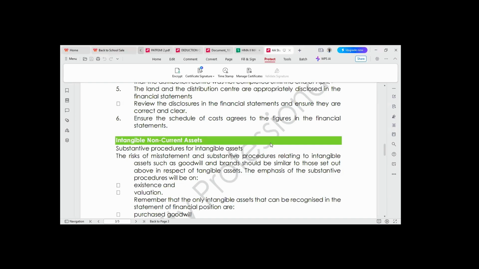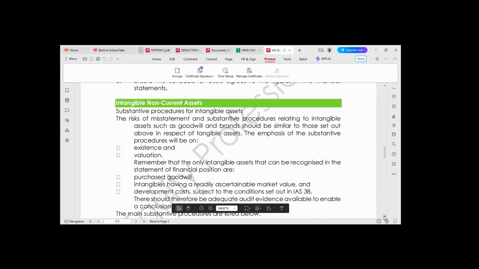And remember that only certain intangible assets can be recognized in the statement of financial position. You can have purchase goodwill, intangibles having a readily ascertainable market value, developmental costs subject to conditions set out in IAS 38.